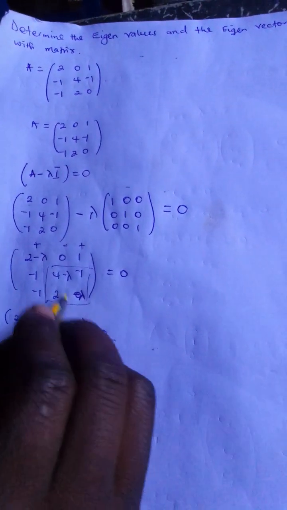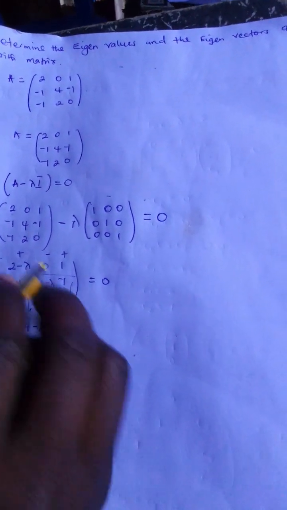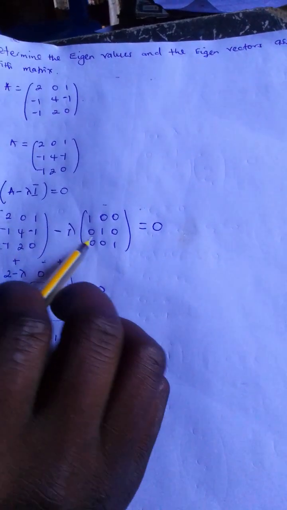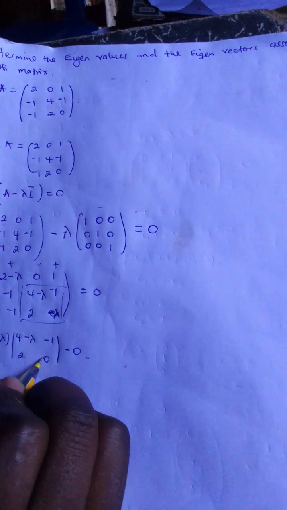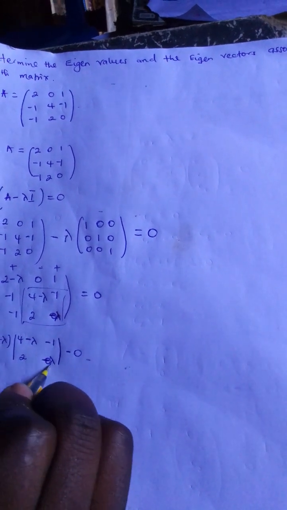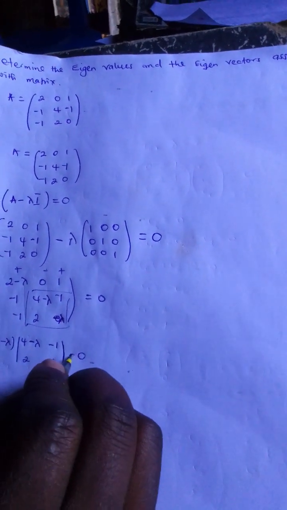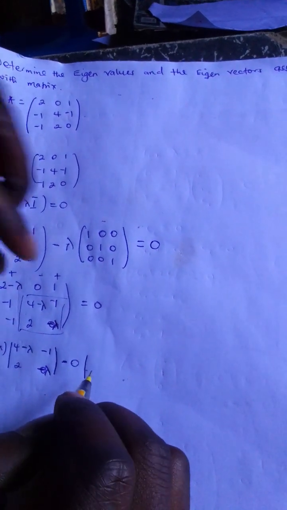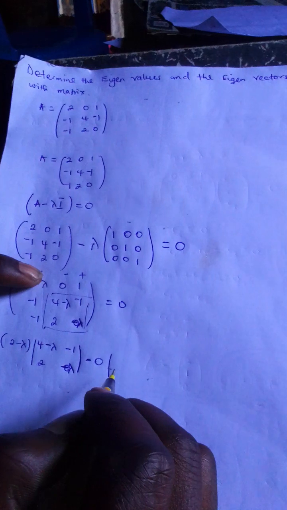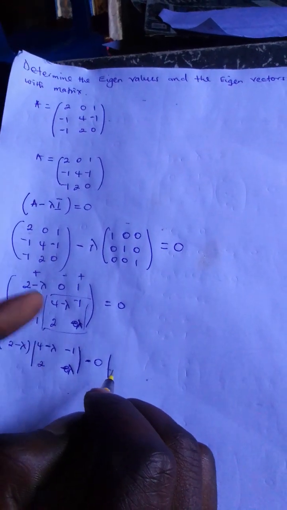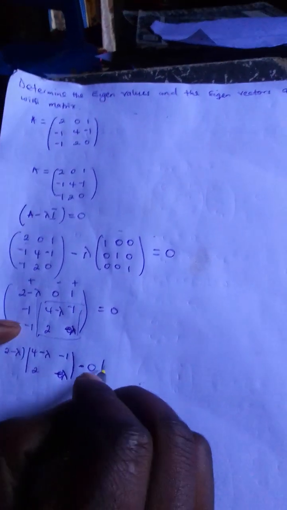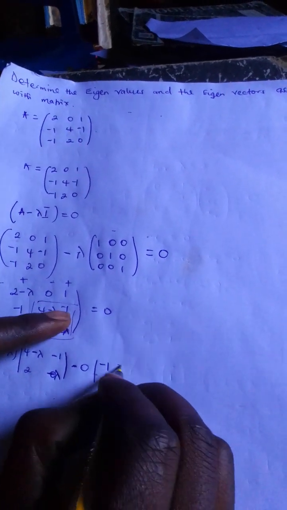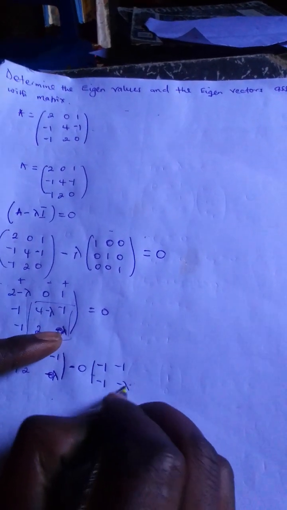This one is a mistake. This one is minus lambda, because we have said it is A minus lambda identity, whereby this one is also minus lambda. Then we get 0, whereby 0 into, we close this column and this row. So from there it will be -1, -1. Then here it is also -1, negative lambda.